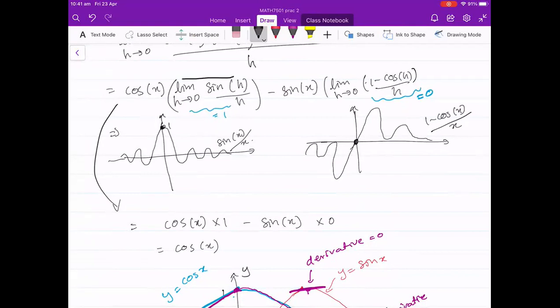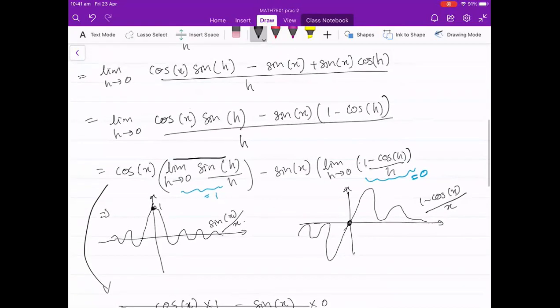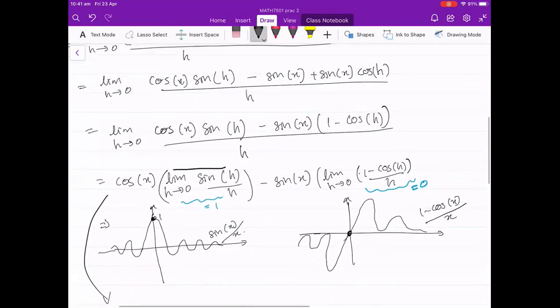Okay, is everyone okay with that part? So after this step, what I did was factorize sin x from here.